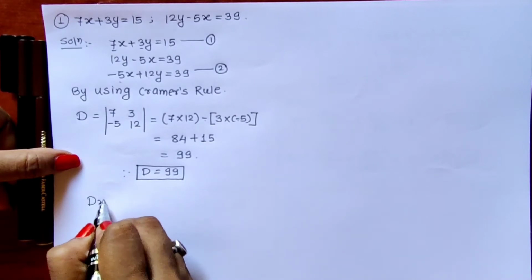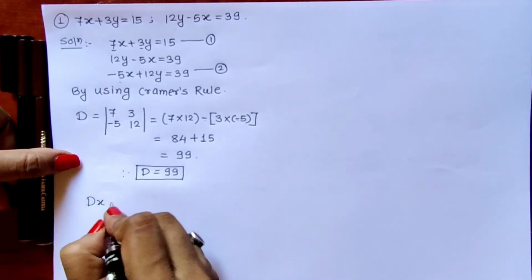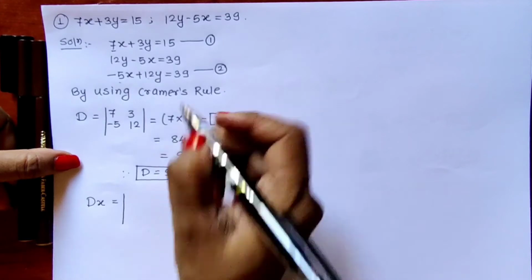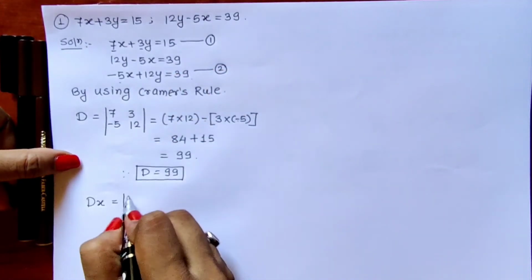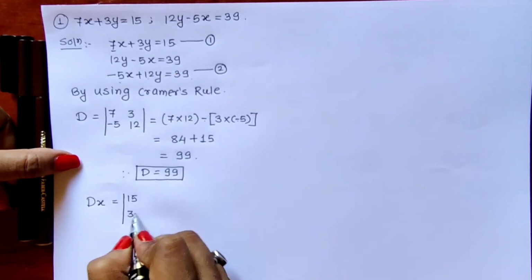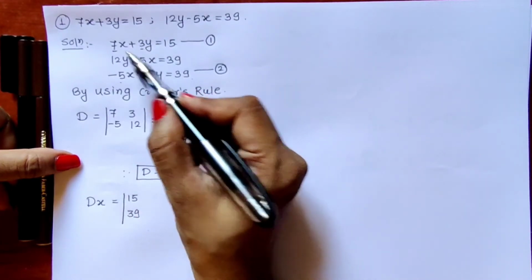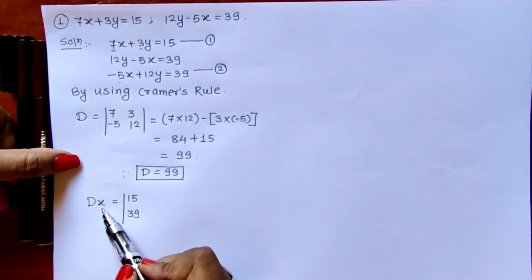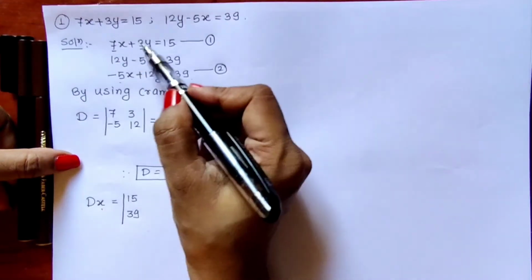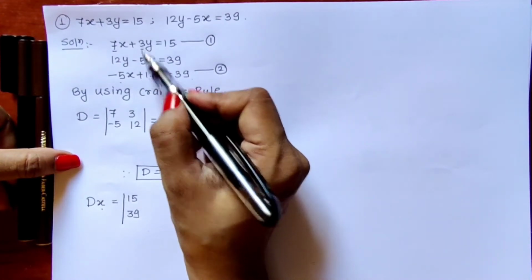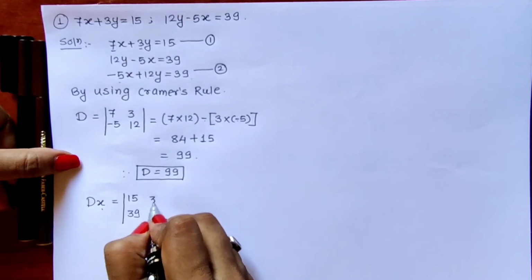Second determinant is determinant of x, Dx. So Dx, how do we get it? Constant terms, that is 15, 39, and coefficients of y term. We don't write coefficients of x because we have to write Dx. That's why we write coefficients of y, that is 3 and plus 12.